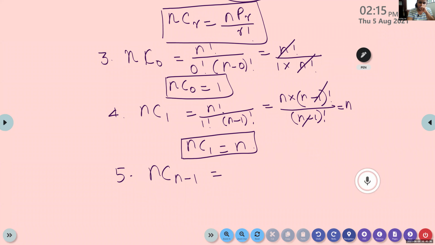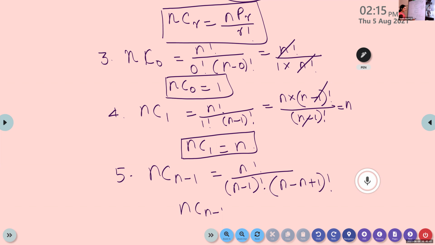That is also n. It is n factorial by r factorial into n minus r factorial. So minus of minus will become plus. So we get NCn minus 1 is n.